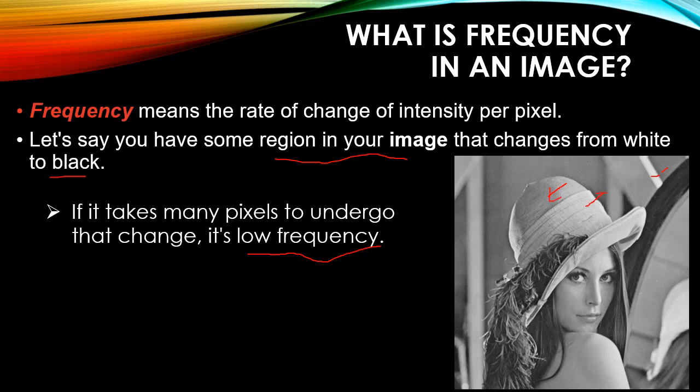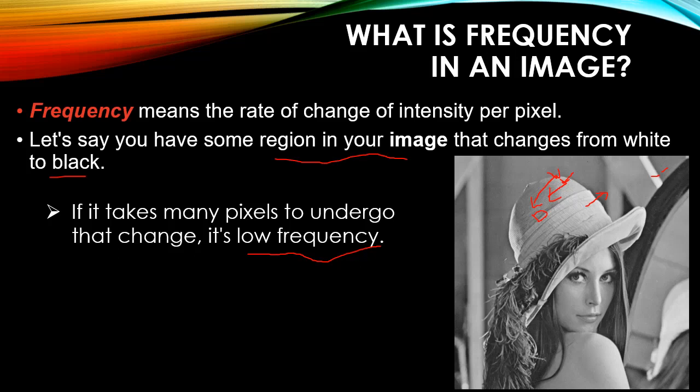Now what is low frequency and high frequency in this? If you consider this portion here, and if you move from this part to this part, the transition is slow. It takes many pixels to change from this whitish portion to the darkish portion here. That is the low frequency portion.